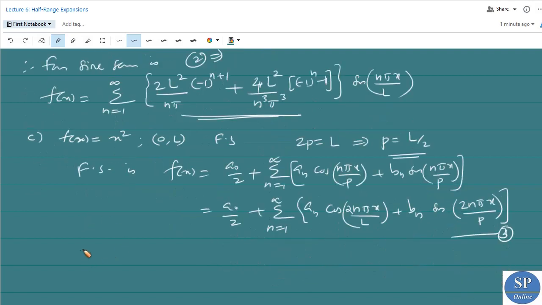So for that we have to find a naught, an and Bn, where a naught is equal to 1 by P into integral 0 to L f of x dx.